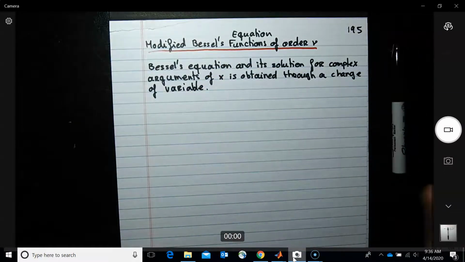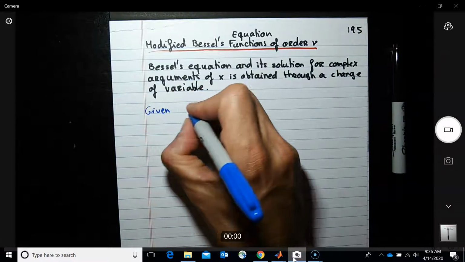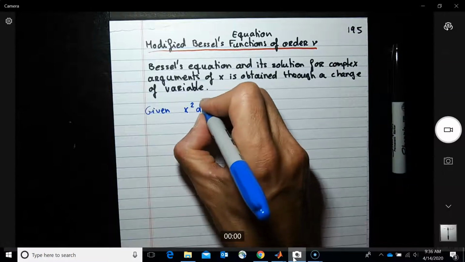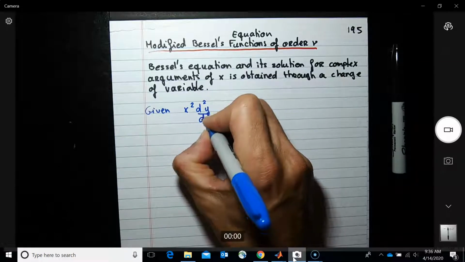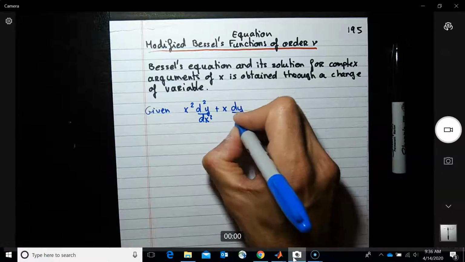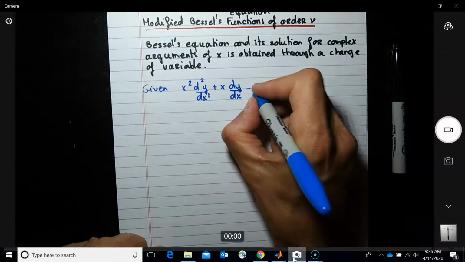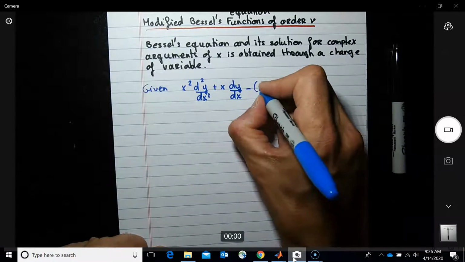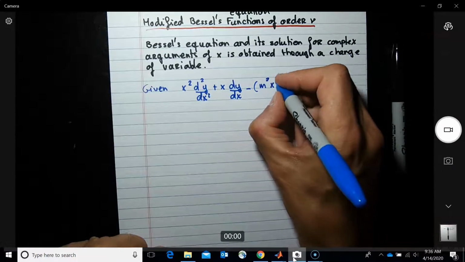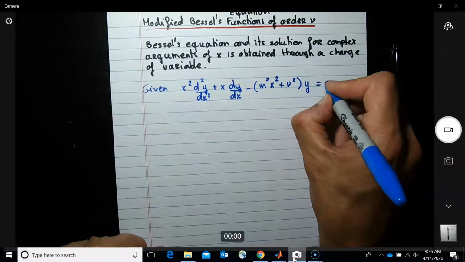So basically you are given the form of the Bessel equation, which is this one over here. Just going to write now, this is the only new term here, which is x squared plus mu squared y equals 0.